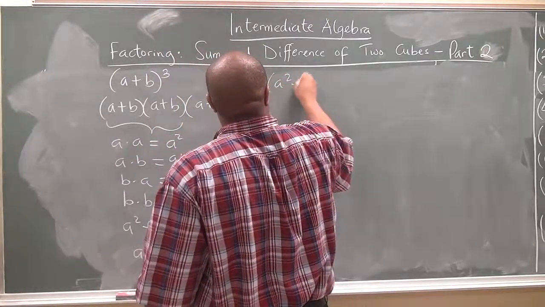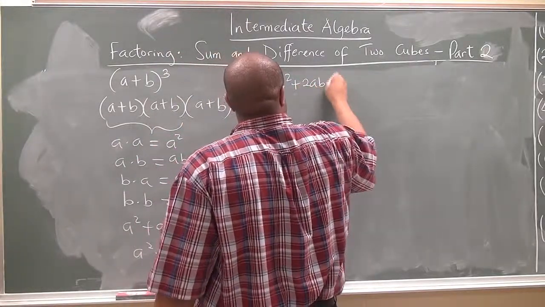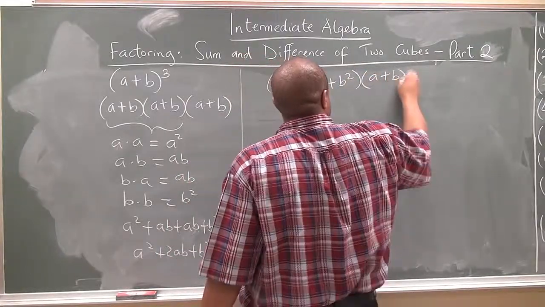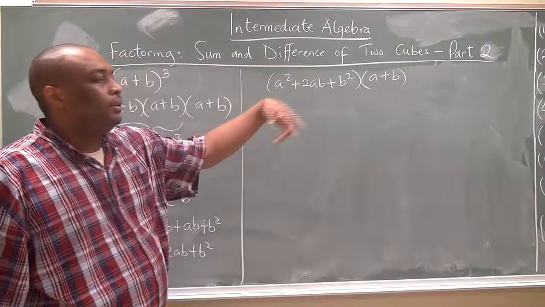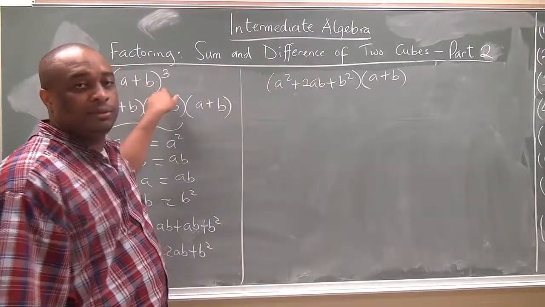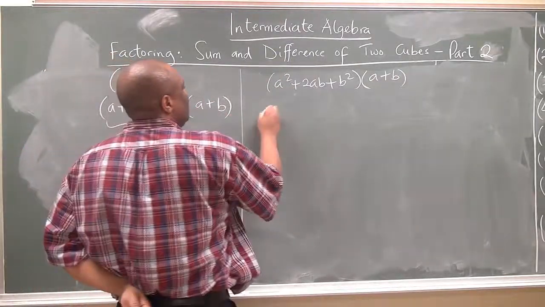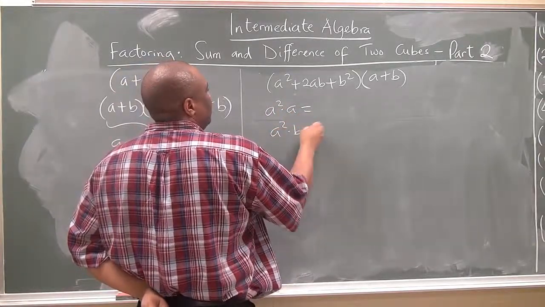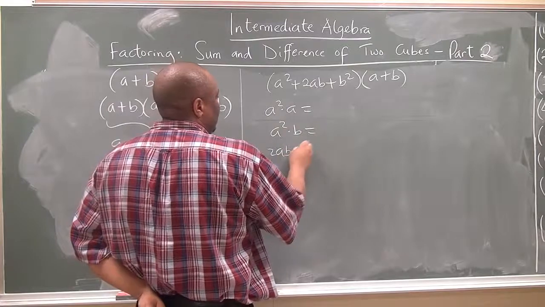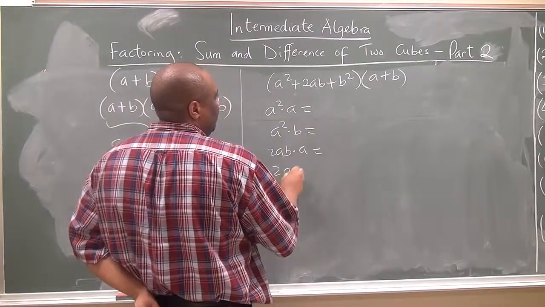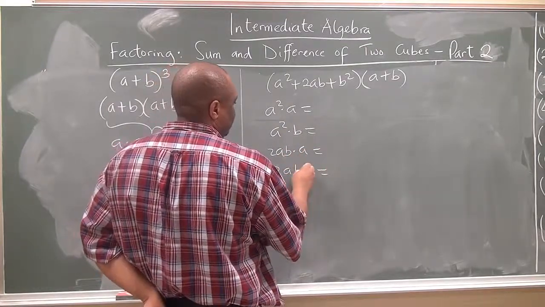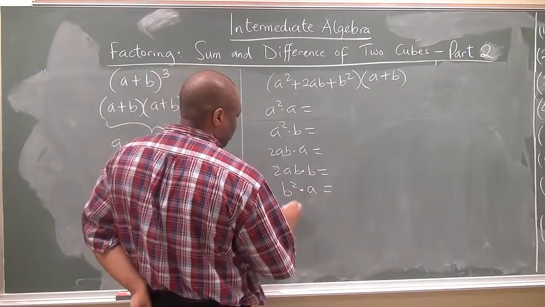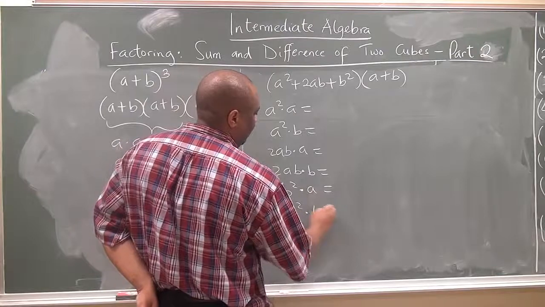Multiply (a squared plus 2ab plus b squared) times (a plus b). Okay? Yeah, we want to find what this is. So this is a squared times a, I'm listing vertically, a squared times b, 2ab times a, 2ab times b, b squared times a, b squared times b.